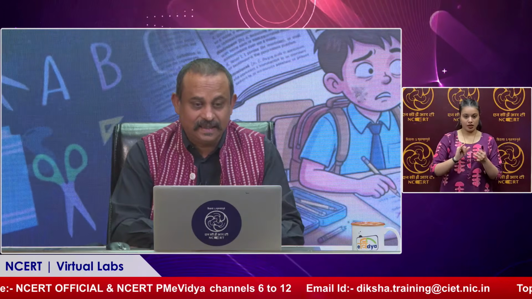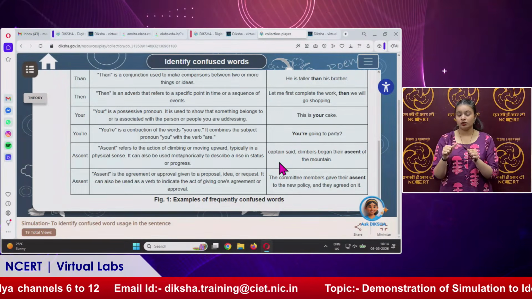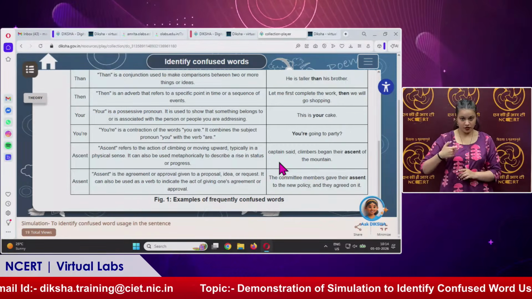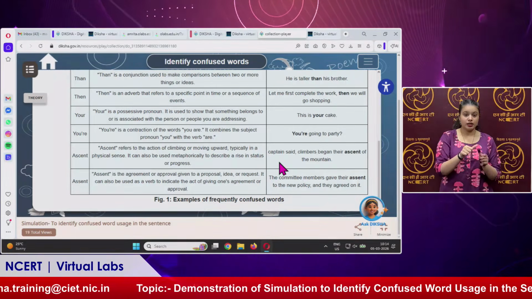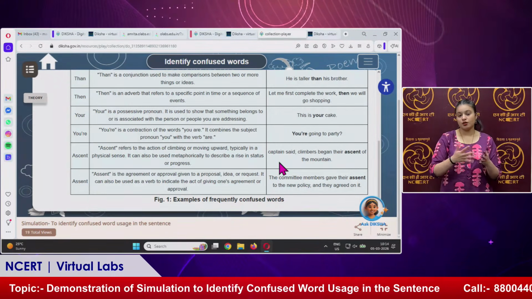Then we have ascent and assent. Ascent, A-S-C-E-N-T, and of course you can also confuse it with scent, which means a perfume or a smell. But here, A-S-C-E-N-T, the word means to climb, the action of climbing.